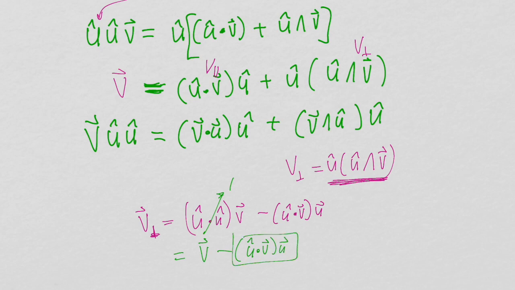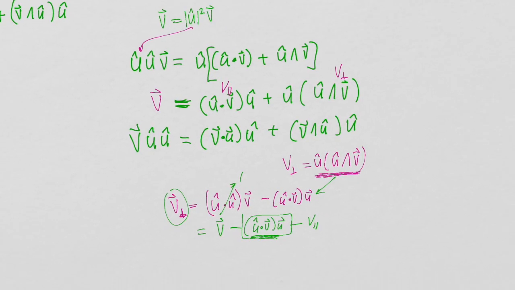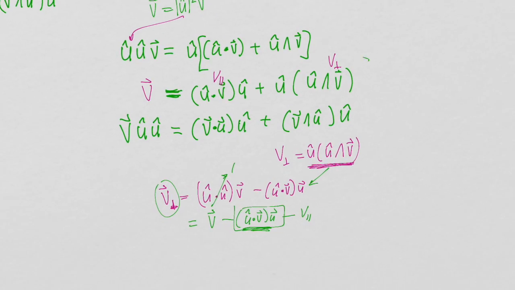But this is v parallel. So clearly what's left over is v rejection. And indeed, it's a vector, right? So that's your basics of projection and rejection. This is the formula for rejection. Projection is really easy to see. It's this rejection one that you have to kind of work through a little bit, but not very hard.